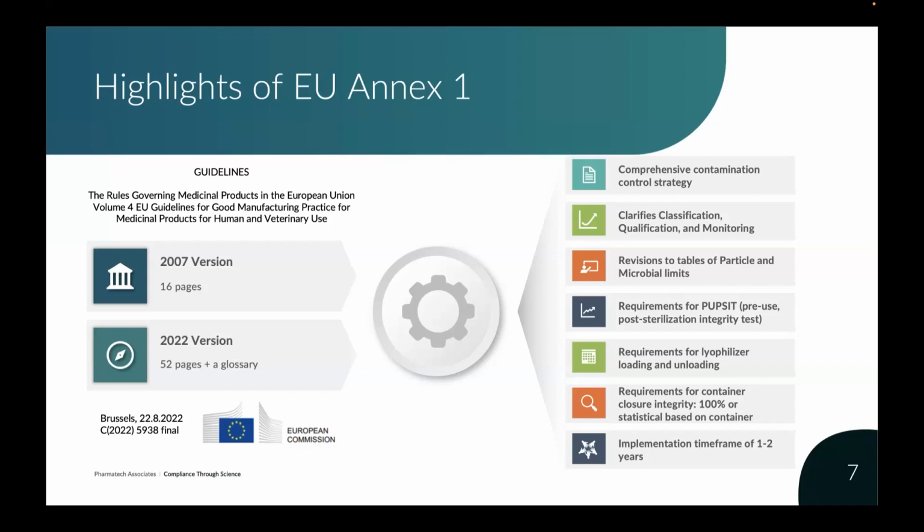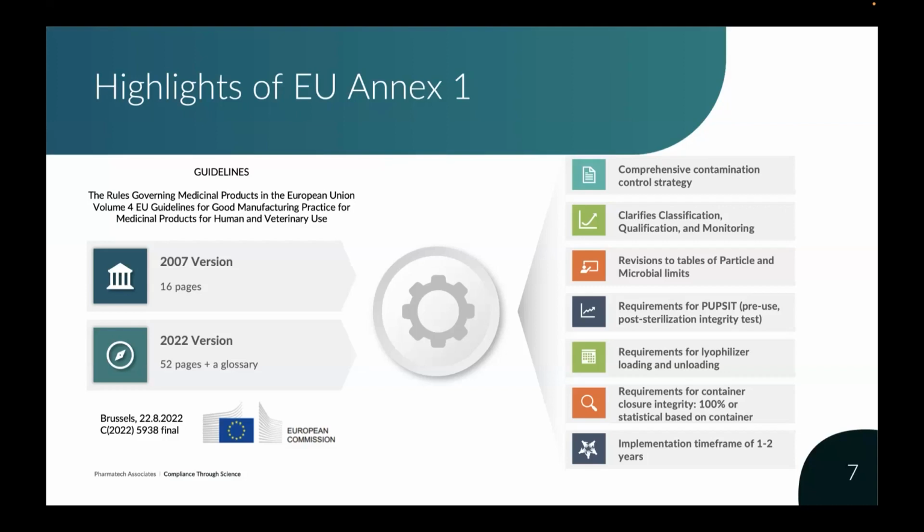Some of the major highlights, some of which we'll be talking about today: it now includes what's called a comprehensive contamination control strategy requirement, through an appropriate reorganization of the information. It now makes it very clear what is meant by classification, qualification, and monitoring of clean rooms and clean air systems.